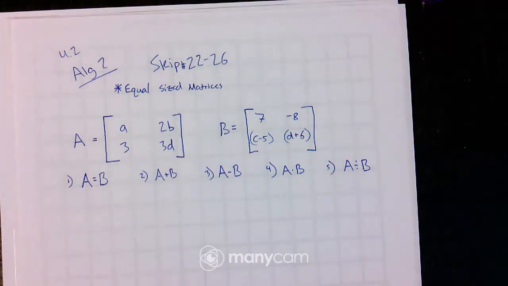A divided by B, okay. So we can multiply, divide, add, subtract, or set them equal to each other, because they're the same size.